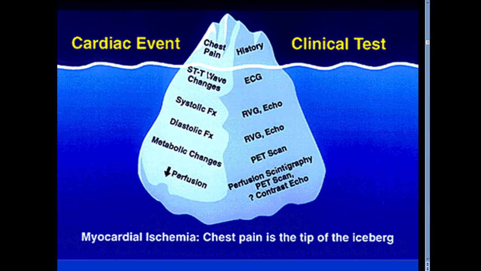We can take into account some disease history, but what we have to remember is the presence of ST segment and T wave changes, the systolic function, diastolic function, metabolic changes, decreased perfusion, and how we can evaluate these changes with ECG, with radioventriculography, echocardiography, PET scan.